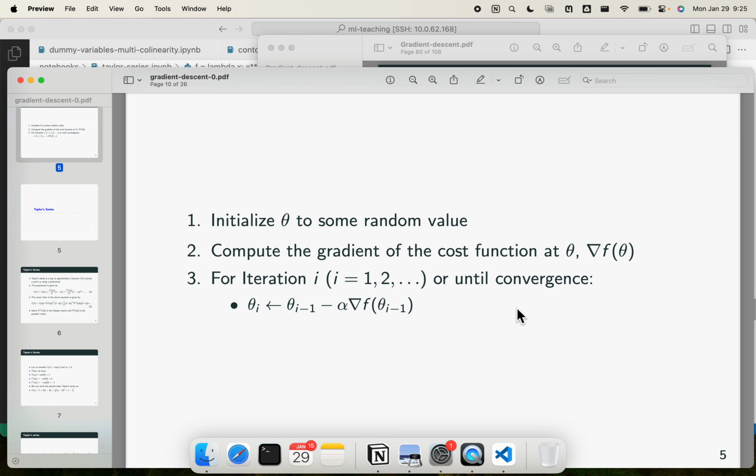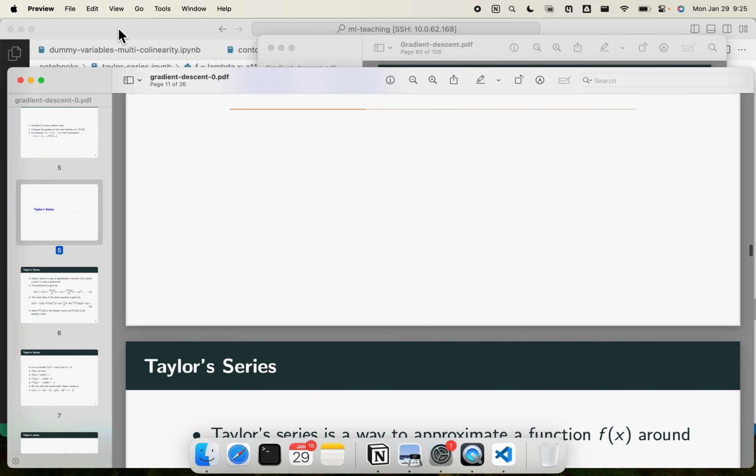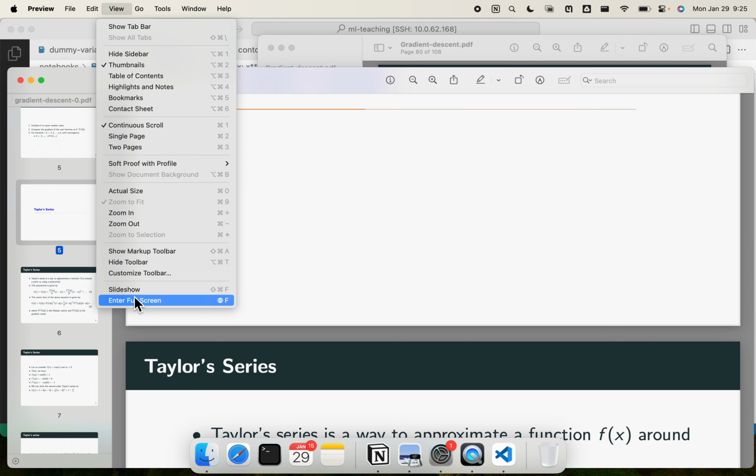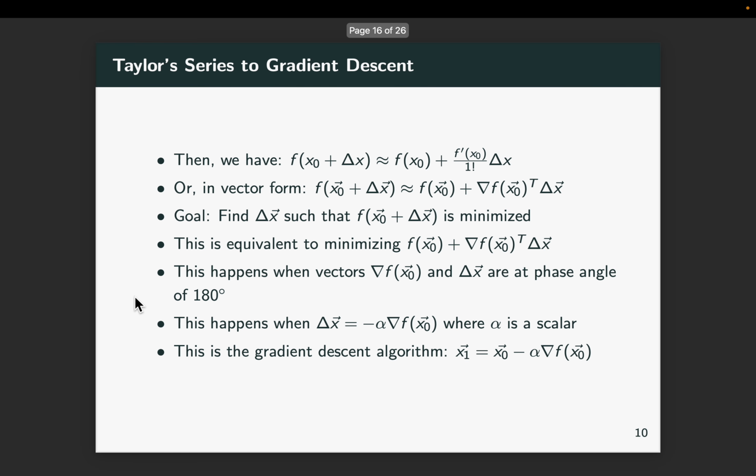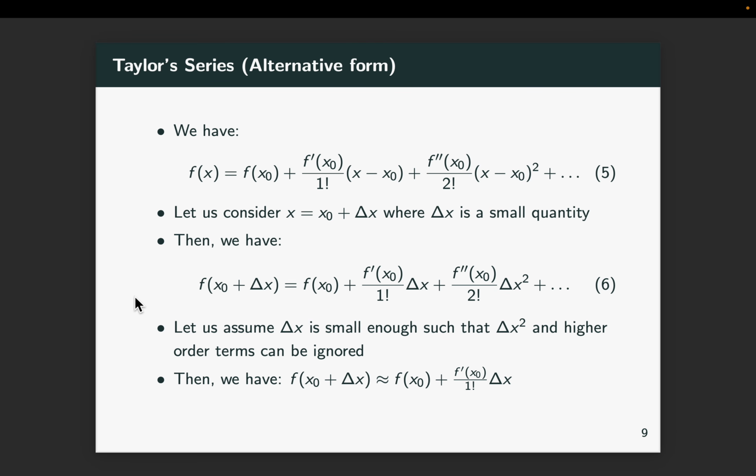Okay, how would you go about this problem? How would you link the first order Taylor series approximation around the point x naught to the gradient descent update rule? So we stopped at this point.